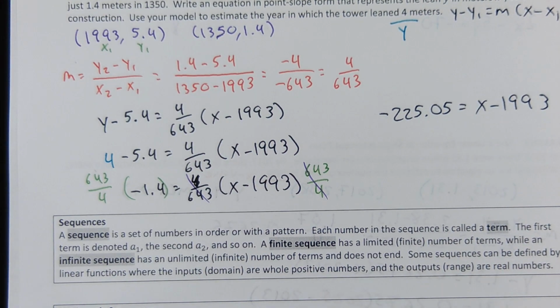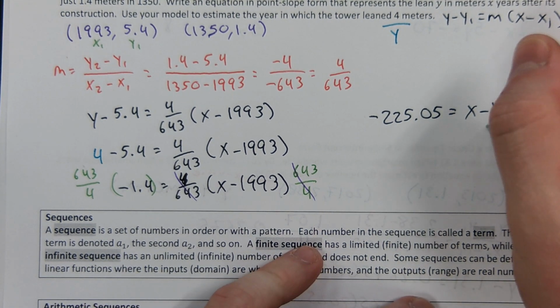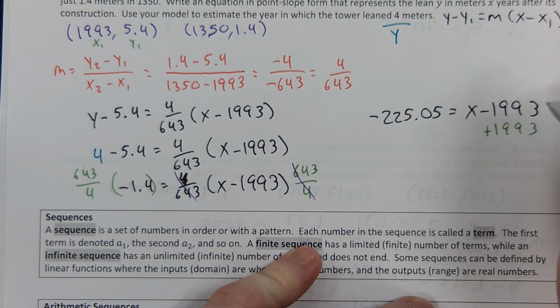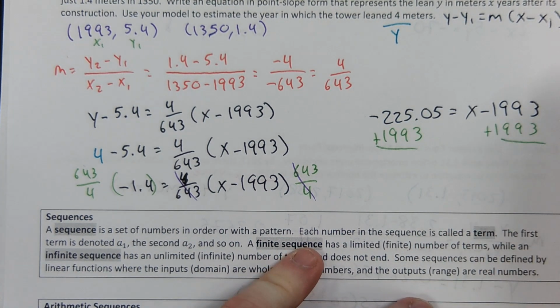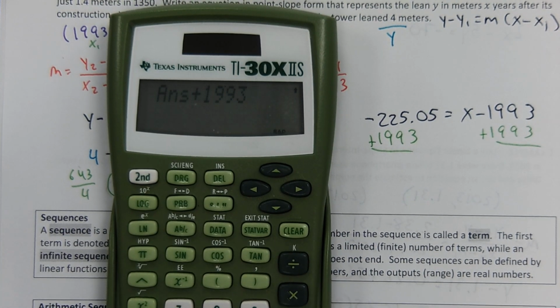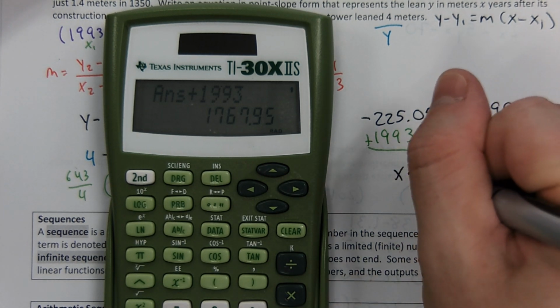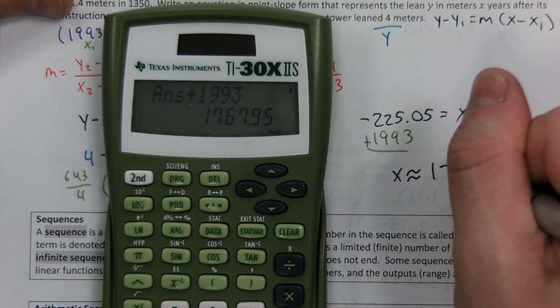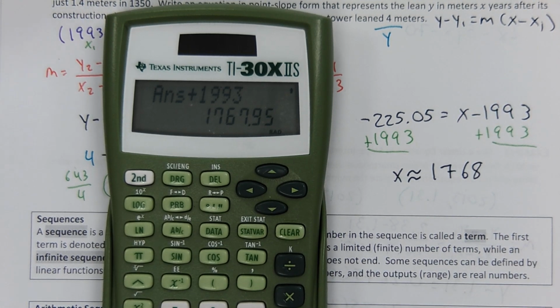Now all we have to do is add 1993 to both sides. We'll go ahead and round to the nearest whole year. So we'll say x is about the year 1768. It's right there at the end of 1767, almost 1768.